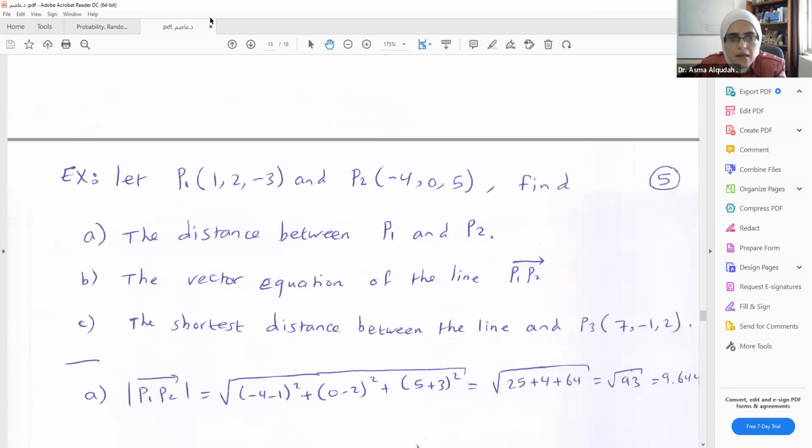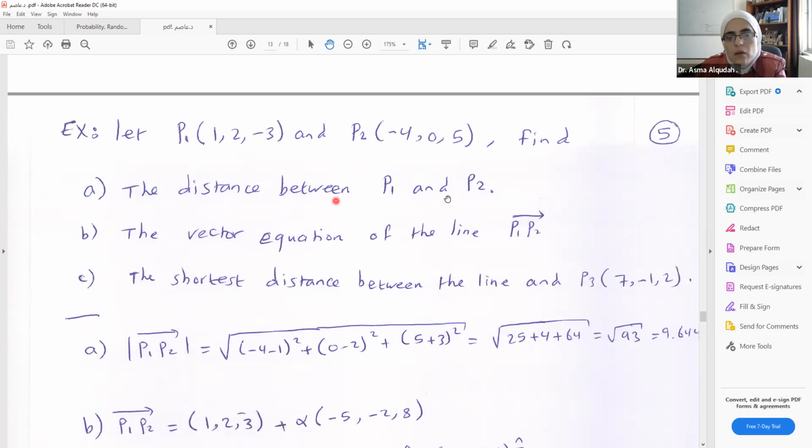The example says that let points P1 and P2 be given as here. We need to find some multiple things. Okay, so the first thing we want to find is the distance between P1 and P2.